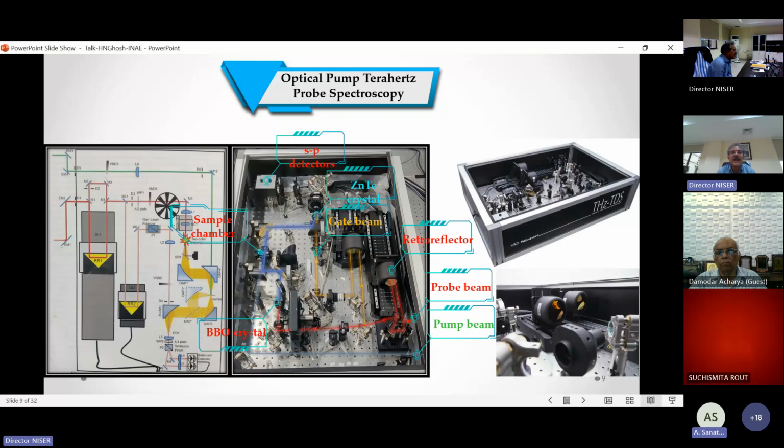That's a typical technique we have developed in our lab. Ideally one can buy the system, but we purchased many components and developed it, and finally the system worked.